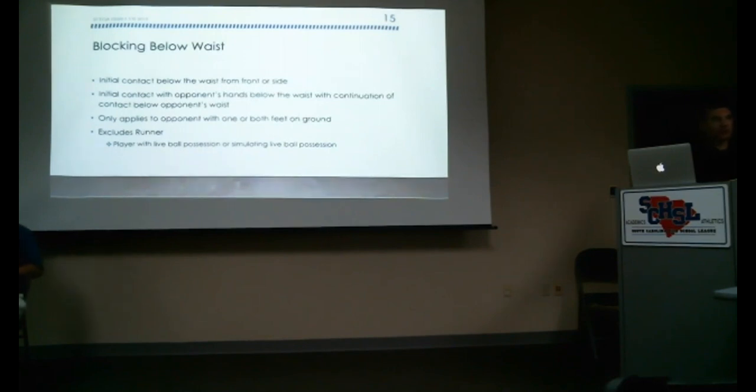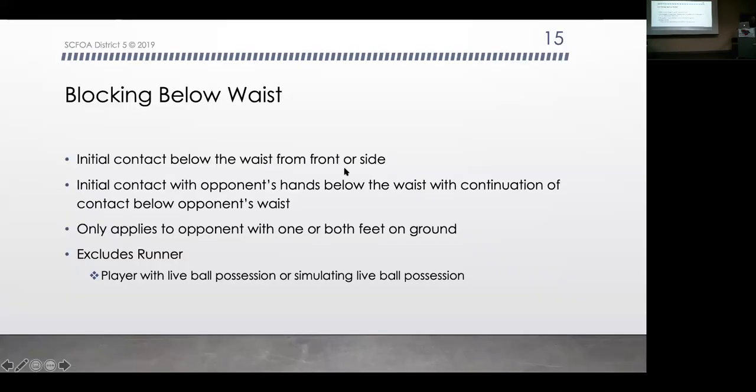So blocking below the waist is when you initially contact the opponent below the waist from the front or the side. Initial contact, if your opponent's hands are below their waist, and you contact their hands and you continue into their weight below the waist, that's considered a block below the waist. This only applies when an opponent has one or both feet on the ground.